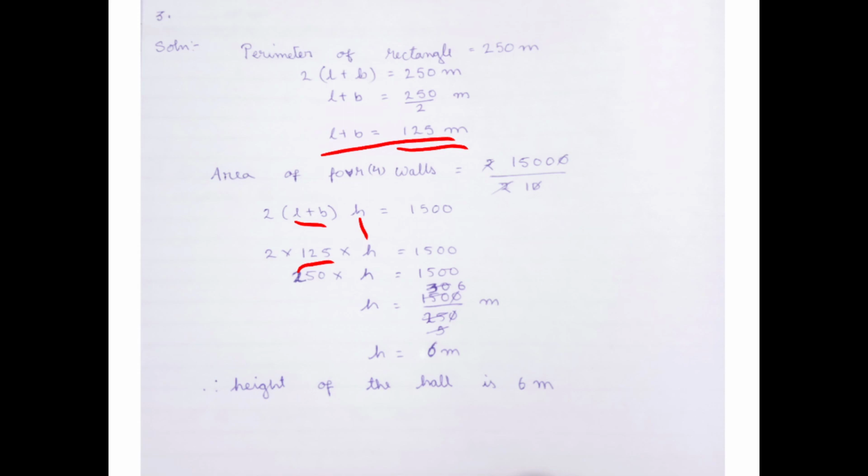So 2 into 125 will give you 250 into h equals 1500. Now height equals, this 250 will go downside here. So if you cross out the zeros and divide it, you will get height as 6 meter. Okay, I hope you know how to do it. So therefore the height of the hall will be 6 meter.